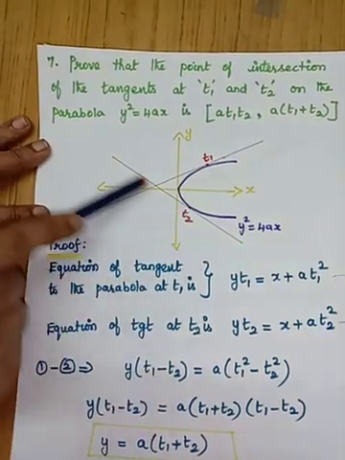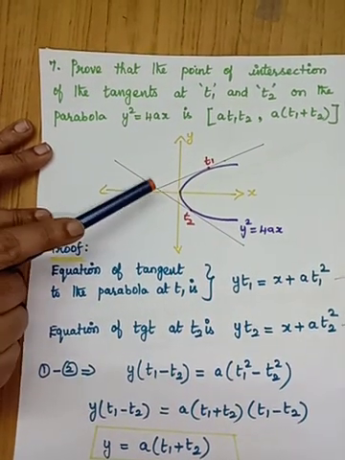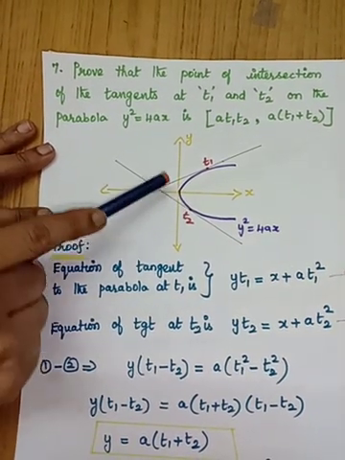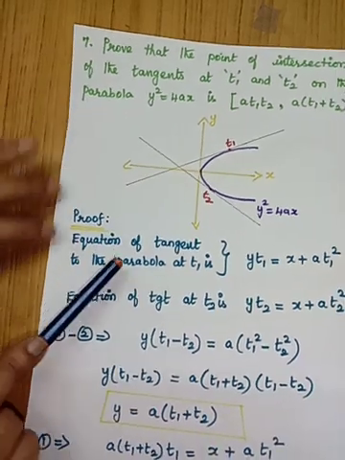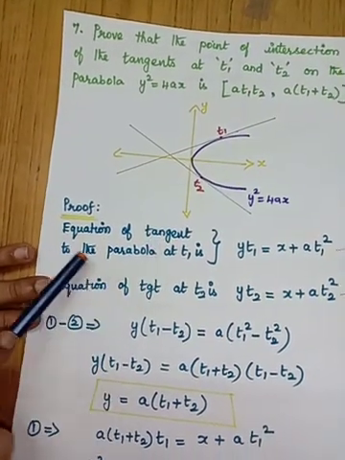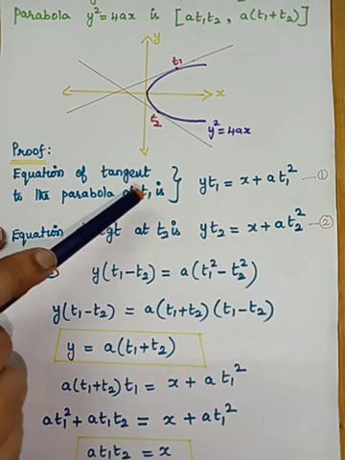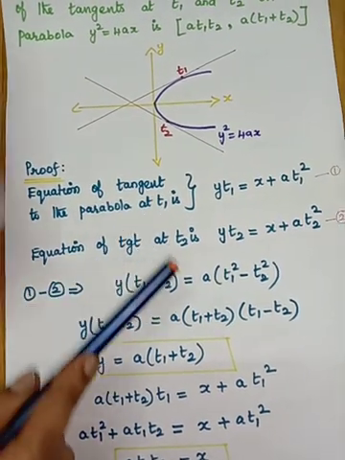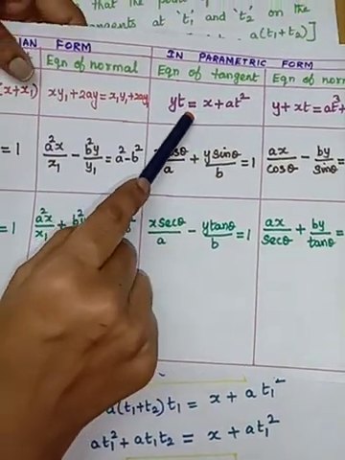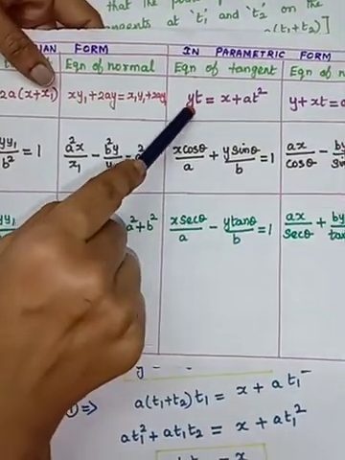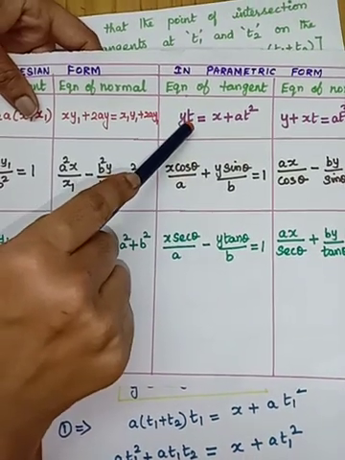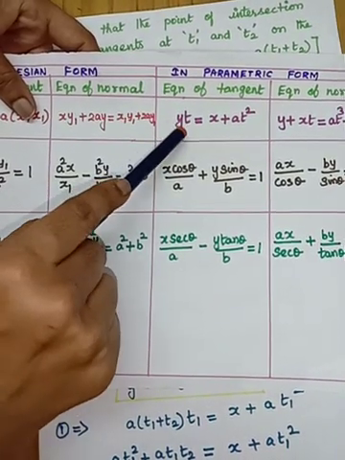So these two tangents meet at a point. So we are going to find the point of intersection of these two tangents. So first, I am going to write the equation of the tangent to the parabola at T1. In the parametric form, the equation of the tangent to the parabola at T is yt is equal to x plus at squared. So it is in terms of T. Now we want T1.